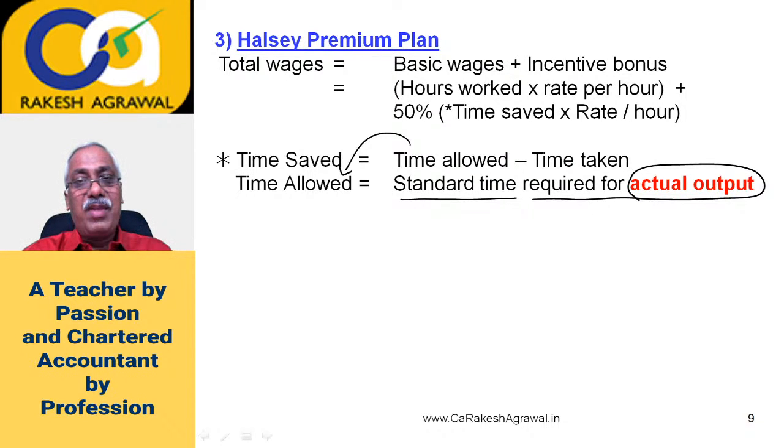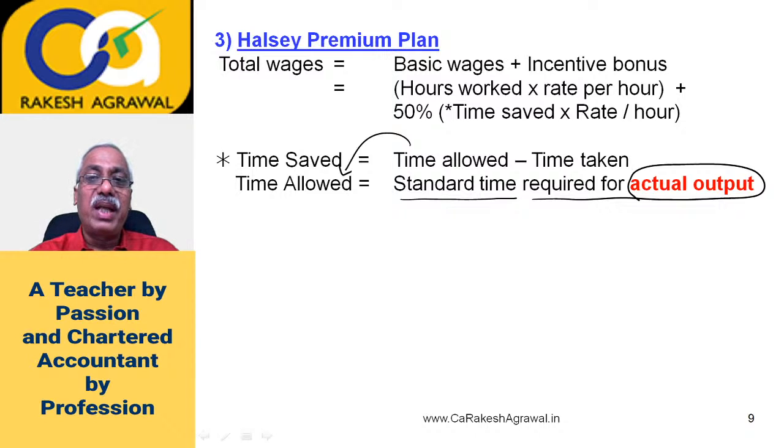Those who are able to recollect standard costing, because you are the students of the regular batch: in standard costing, when we calculate efficiency variance, we calculate the standard time required for actual output, and then we compare it with the actual time taken.